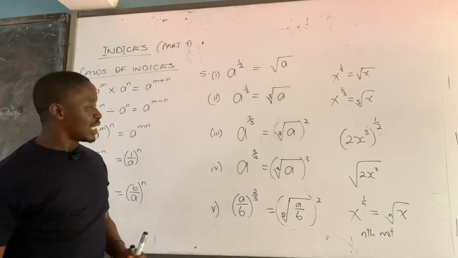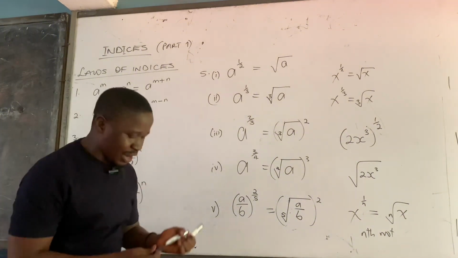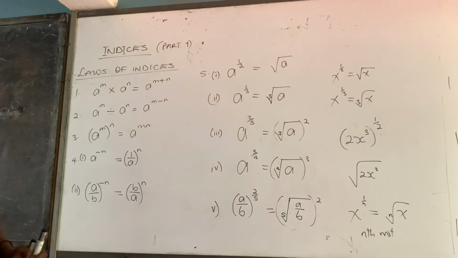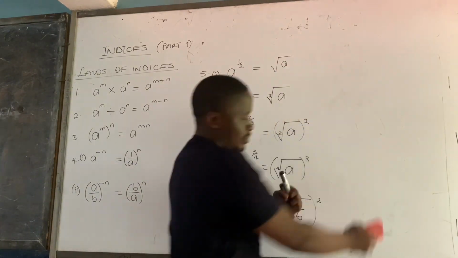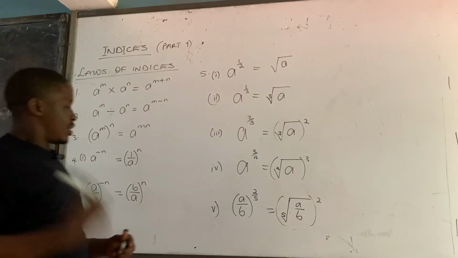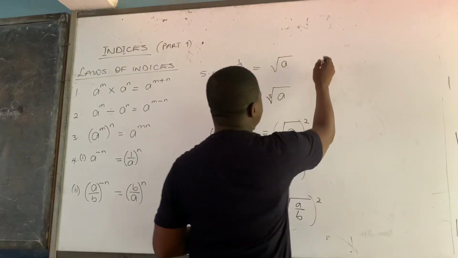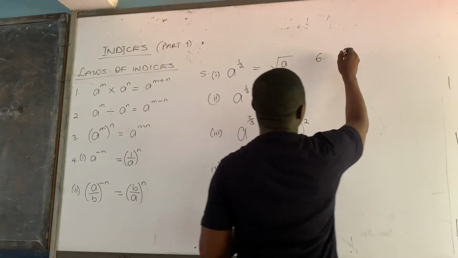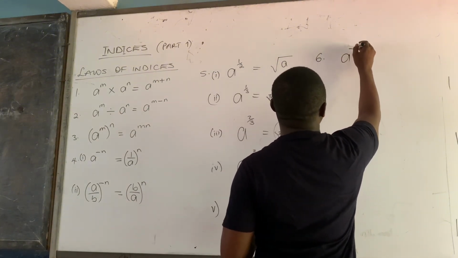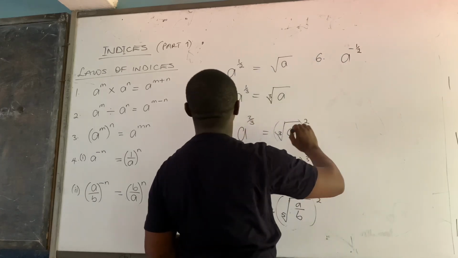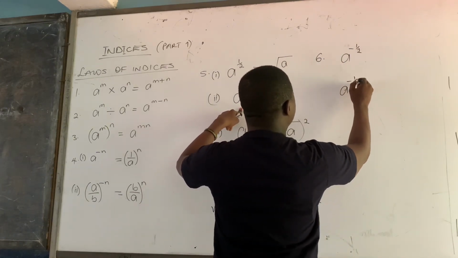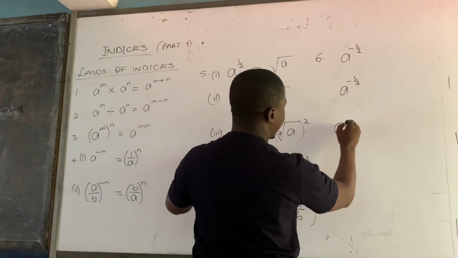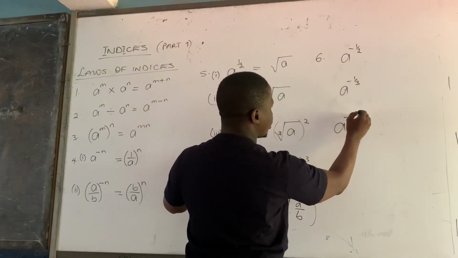So let's see if we have another. Let's say we have a to the power of minus half. Again, a to the power of minus 1/3. A to the power of minus 2/3.